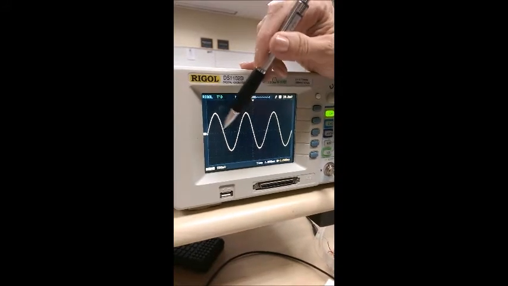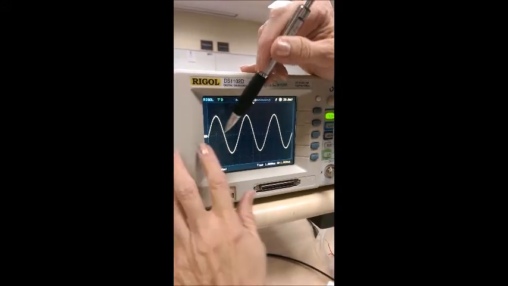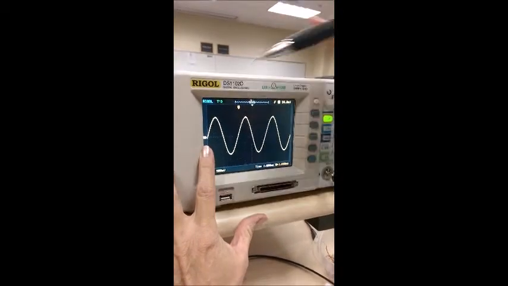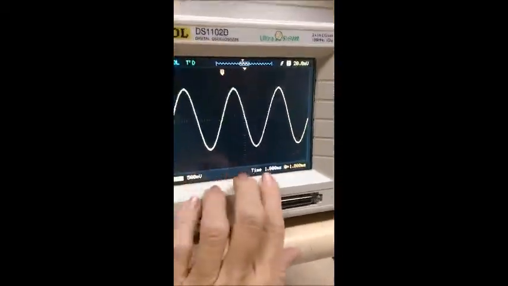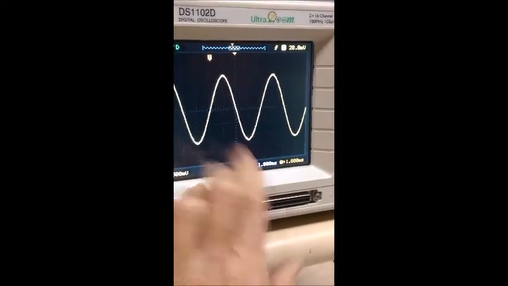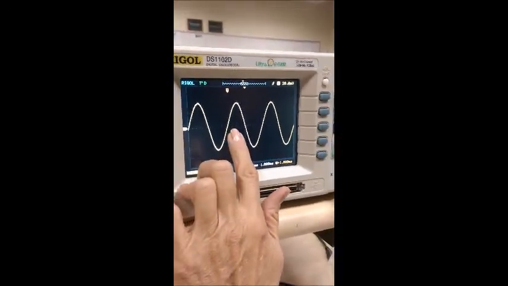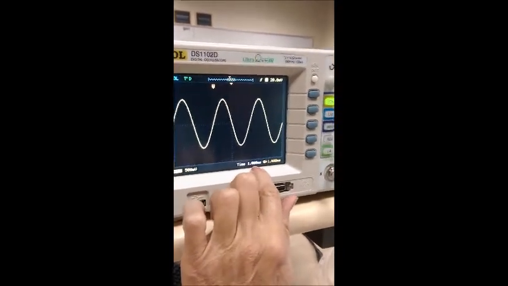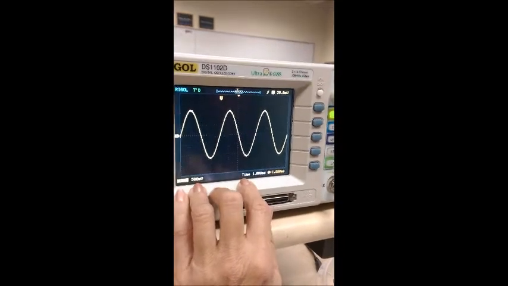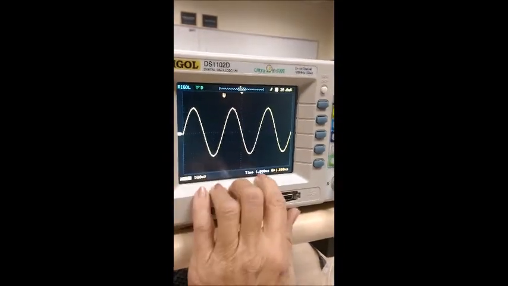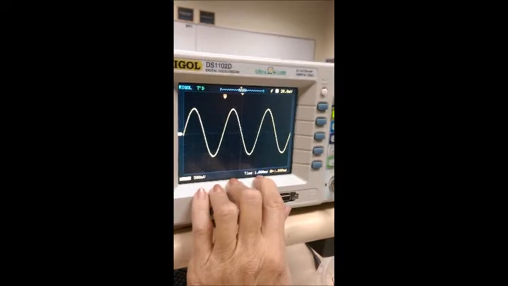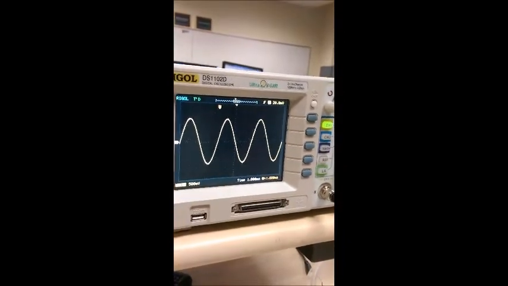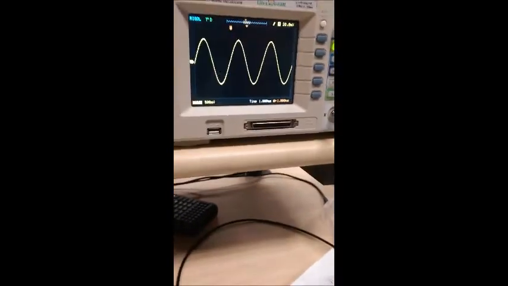So our frequency is going to be our 4 divisions times the amount of time that it takes to make one cycle. So it's the divisions per cycle and the amount of time that it takes to make one cycle. For this experiment, we're using 4 divisions times 1 millisecond, and you're going to find your answer and then 1 divided by that answer.